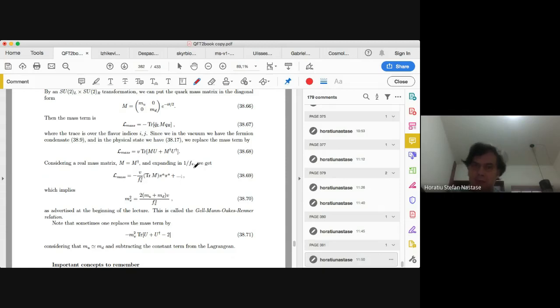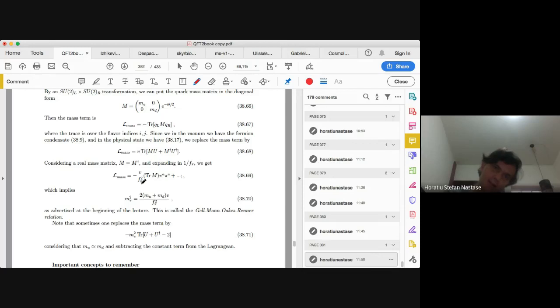Expanding in 1 over f_pi and writing the first non-trivial order, it will be the quadratic order in the expansion of the exponent, which will have trace τ^a τ^b, which is proportional to δ^ab, and this multiplies π^a π^b. So it will be proportional to trace M π^a π^b.